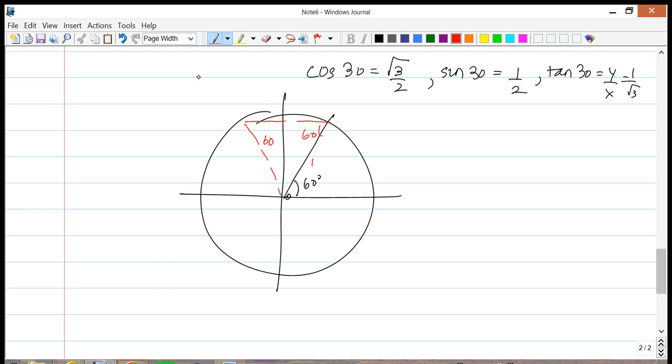So if this is 1, this becomes a half. And so the y coordinate here becomes square root 3 over 2. And so our coordinates are simply equal to half and square root 3 over 2. And this gives us the cosine of 60 is half and sine of 60 equals square root 3 over 2. So we get all the values.